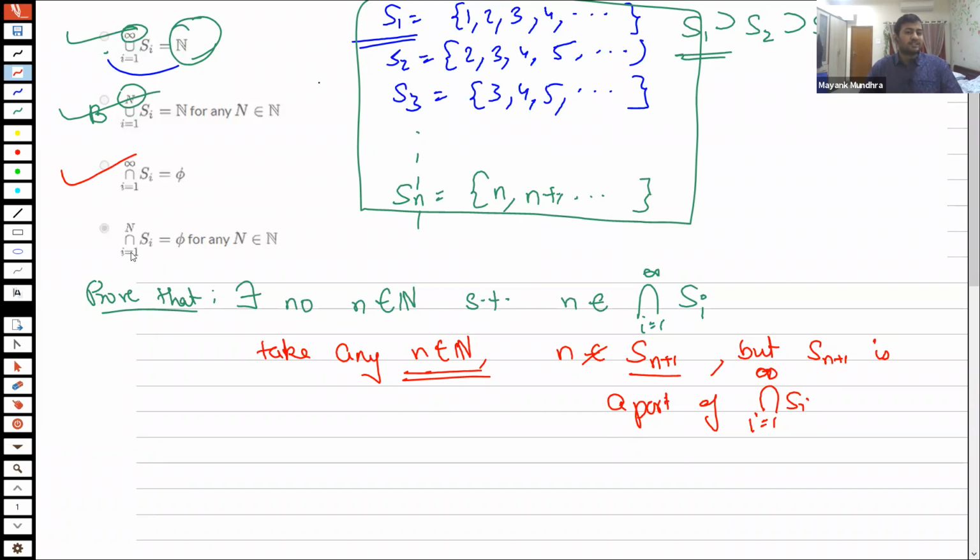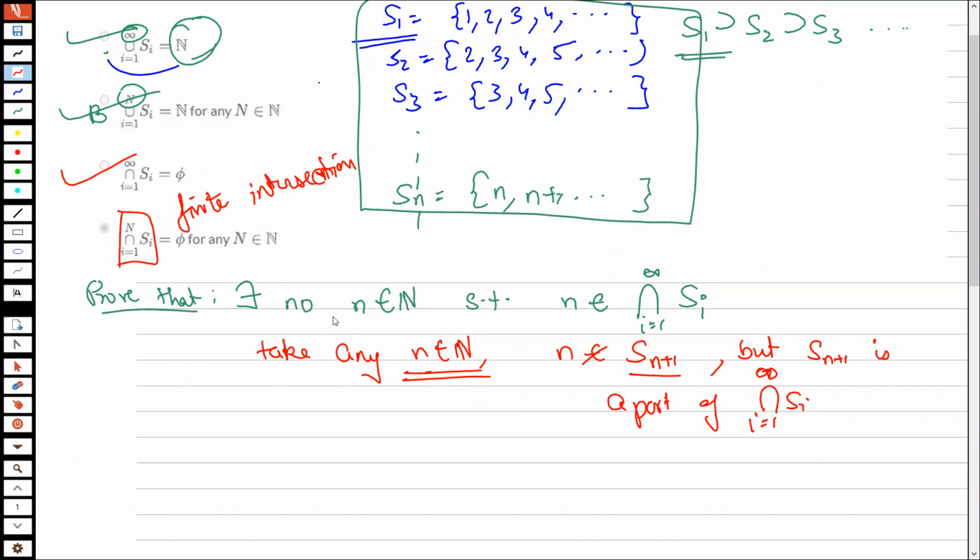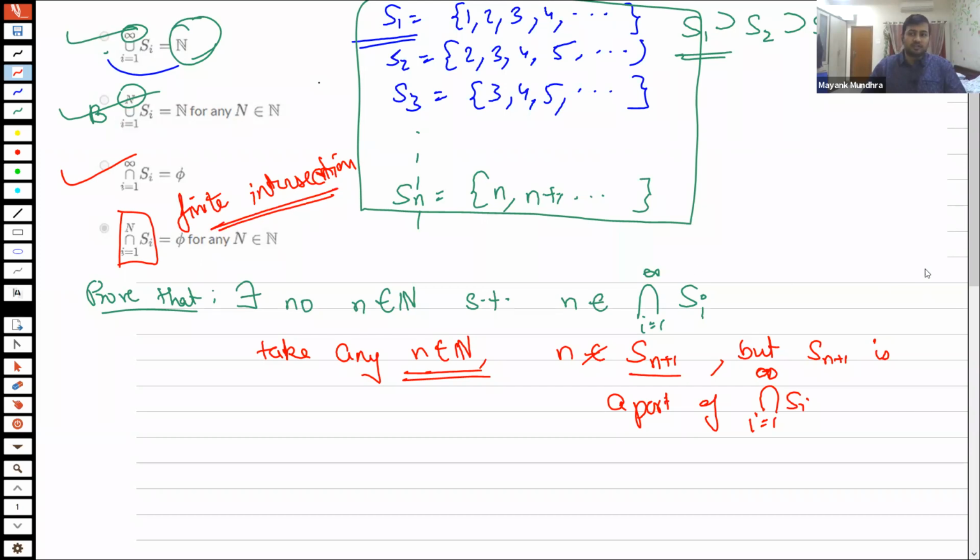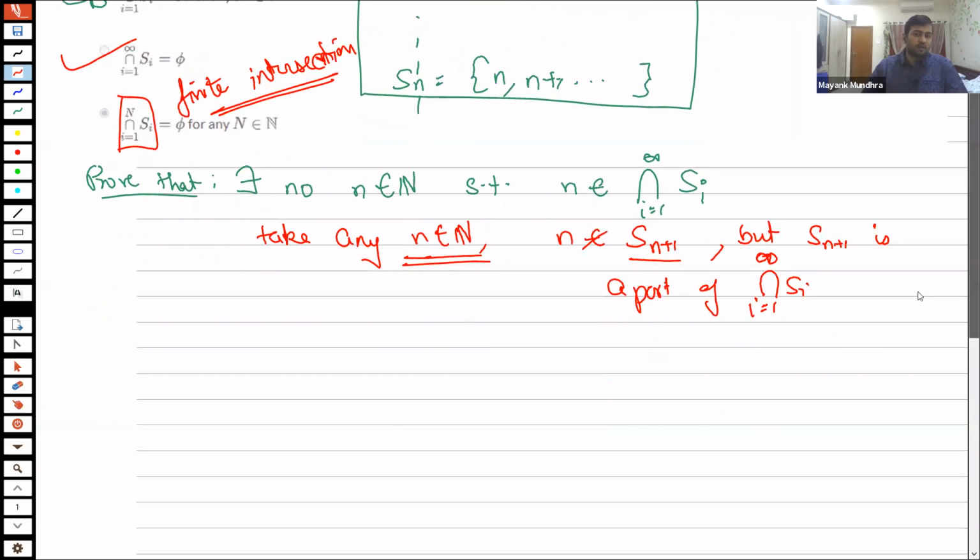Now, option D is the intersection of S_i for i up to n is a null set for any n. So now this is a finite intersection. Okay, so the difference with a finite intersection is that you could have, let's say, the intersection of the first 100 sets, or the intersection of the first 200 sets, or so on, or the intersection of the first million sets.